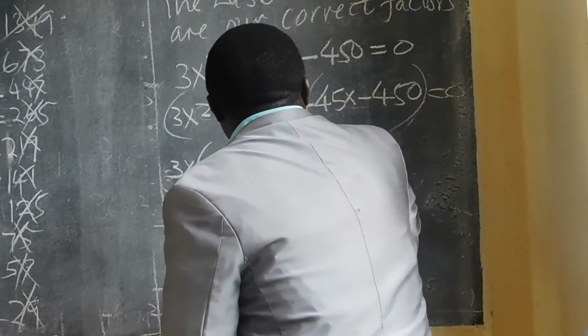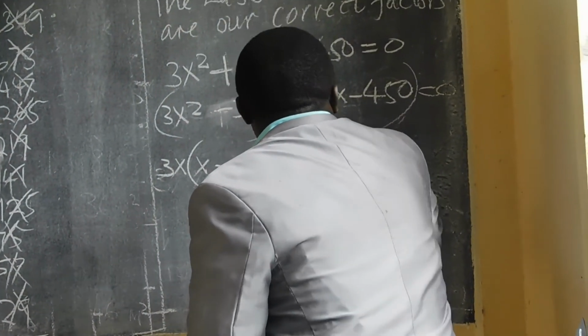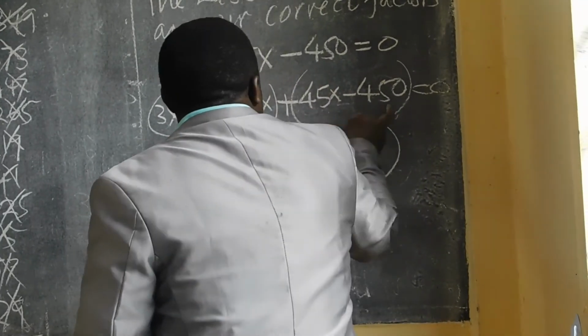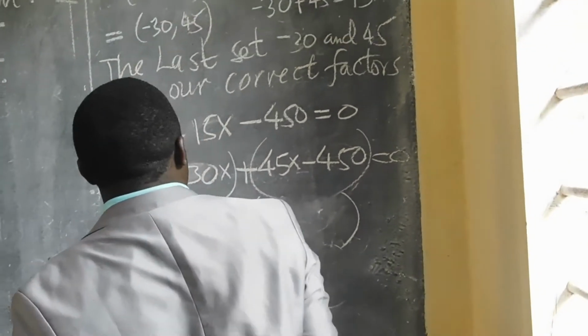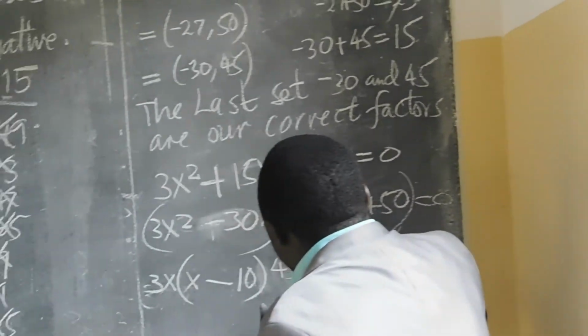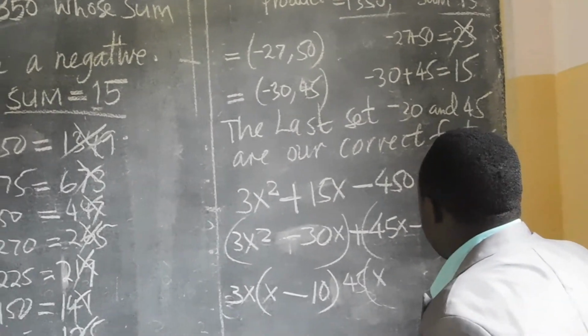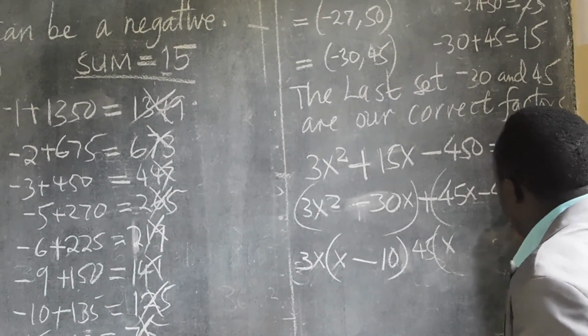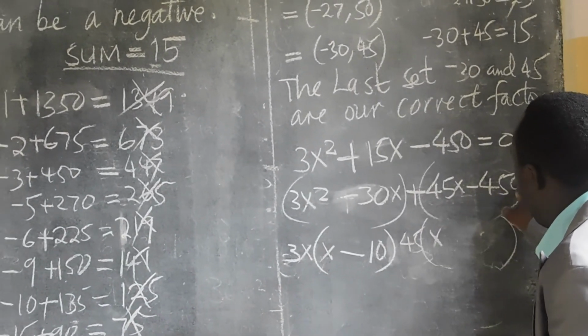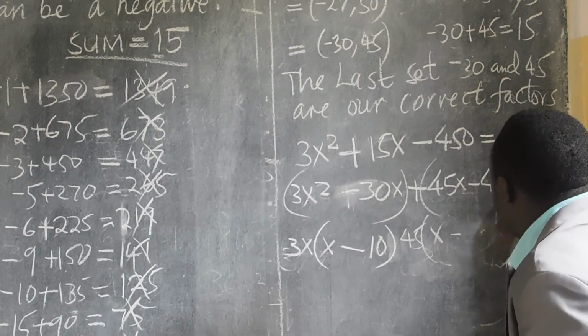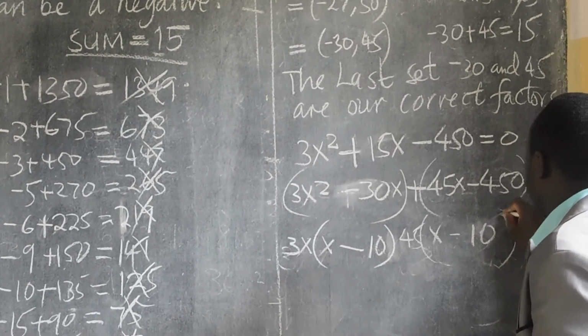Here again, the factors outside, we take outside 45. It goes outside by x. Again, the factors here, 45 divided by this, it goes by negative 10.